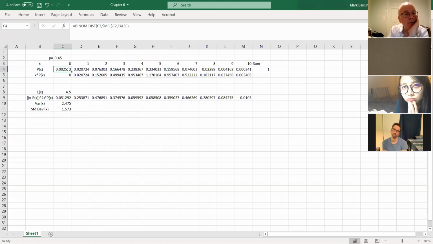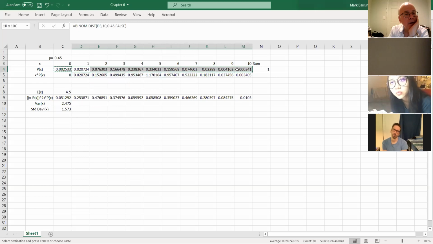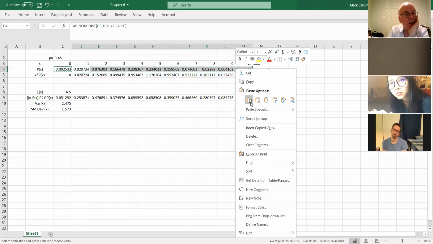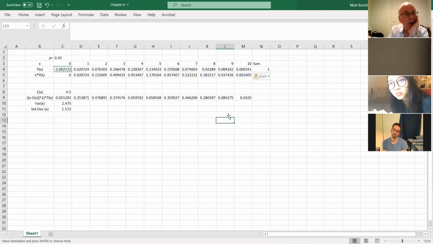And then I'm going to copy this formula all the way down. Okay. Didn't change any of the numbers, stays the same. But now I have my probability of success here. I'm pointing to 10 as the number of trials, right? And I have my probability distribution.